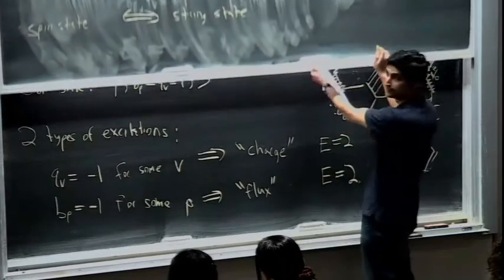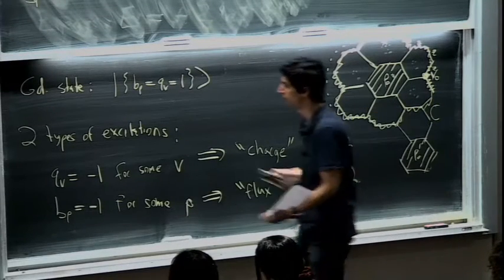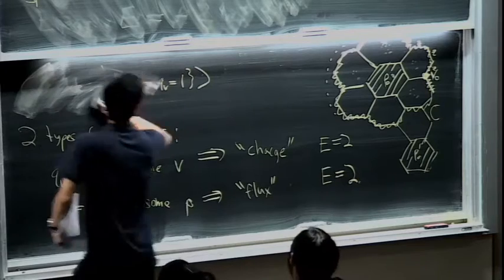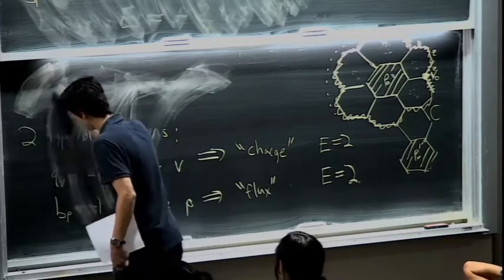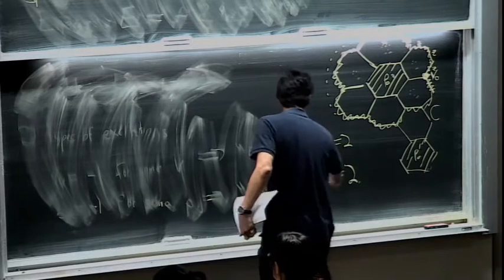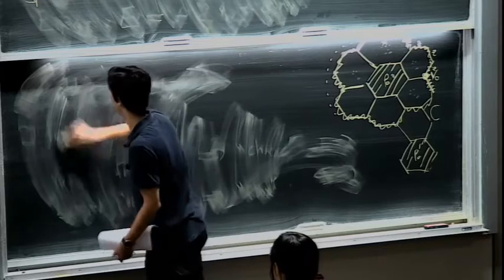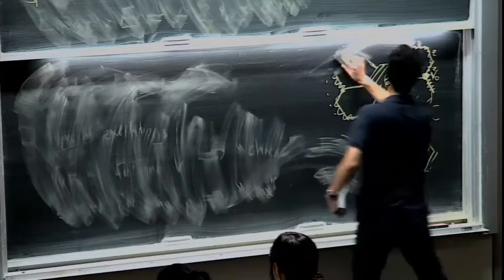All right, so that's all fine. That's basically just changing words from spin to string. But then there's a nice geometric interpretation of these different terms in the Hamiltonian.